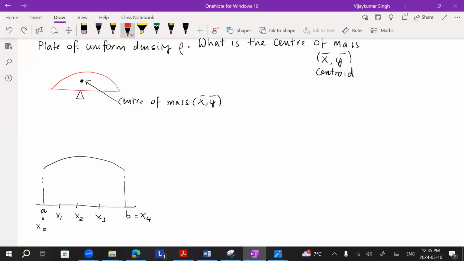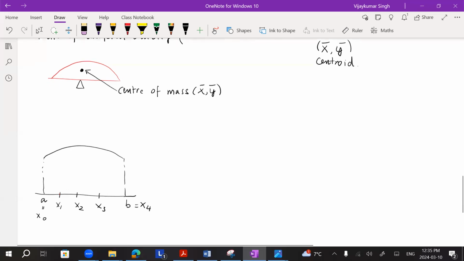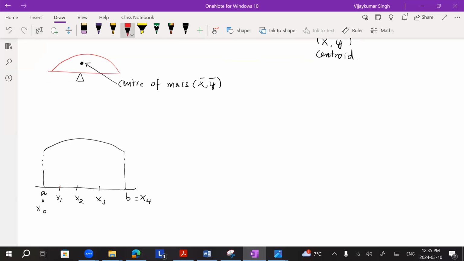We'll take the midpoint of x0 to x1 and call that x1 bar. Take the midpoint between x1 and x2, call it x2 bar. Take between, this will be x3 bar, and this will be our x4 bar.